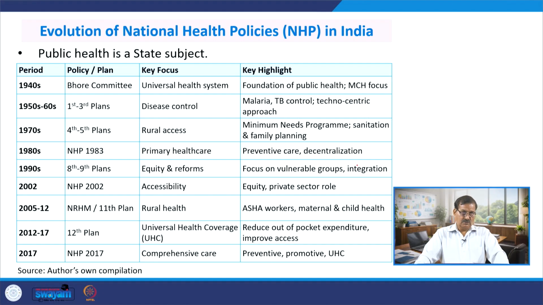Then during 2005 to 12, the National Rural Health Mission was started in the 11th plan, and the entire focus was on producing various schemes and programs to address the healthcare issues of rural areas. ASHA workers, maternal healthcare and child healthcare services were addressed.